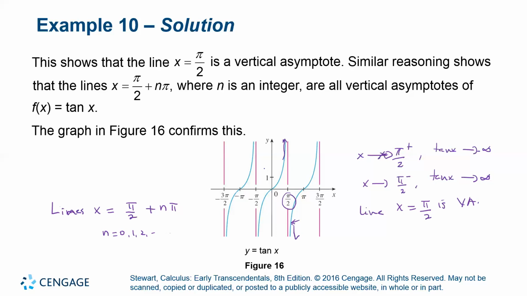So all these lines are vertical asymptotes. Okay, so to recap, we have considered one-sided limits, two-sided limits, and then we used them to find vertical asymptotes of a function. So that brings us to the end of this section 2.2. Thank you.